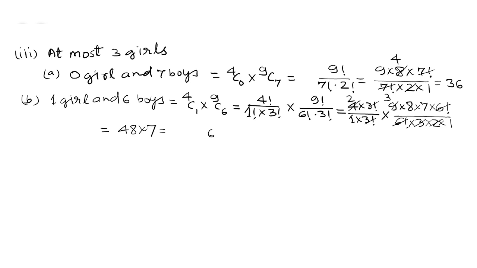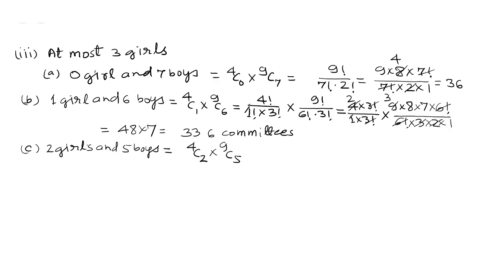We write 6 and carry 5. 7 times 4 is 28. 28 plus 5 is 33. So 336 committees can be formed in which there is 1 girl and 6 boys.